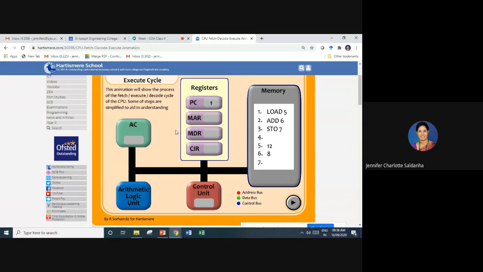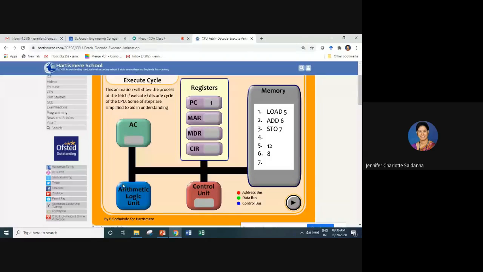Then you have registers here: program counter, memory address register, memory data register, and CIR. CIR, in our textbook figure, is just IR, the instruction register. Then the control unit.